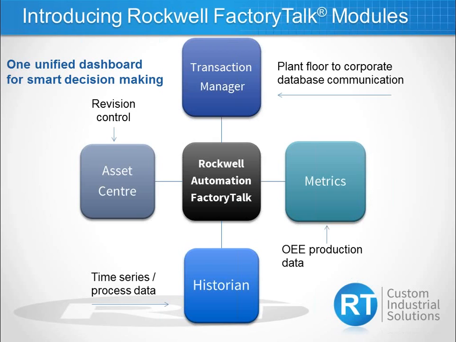Very, very powerful. Historian uses the OSI Pi technology. Rockwell and OSI Pi created a partnership back in 2006 to integrate their powerful database engine into FactoryTalk. So it's a seamless integration with that.